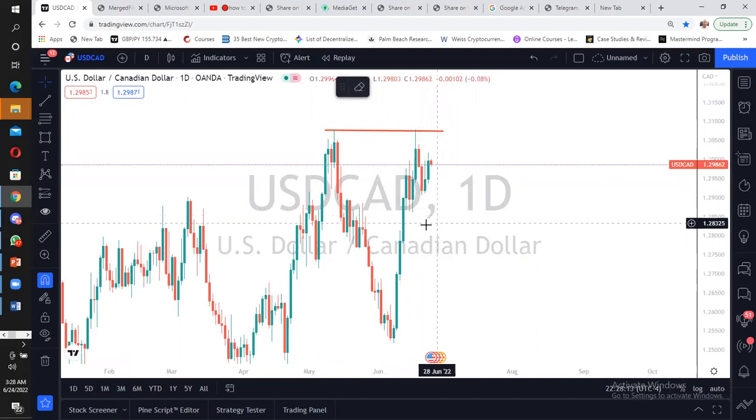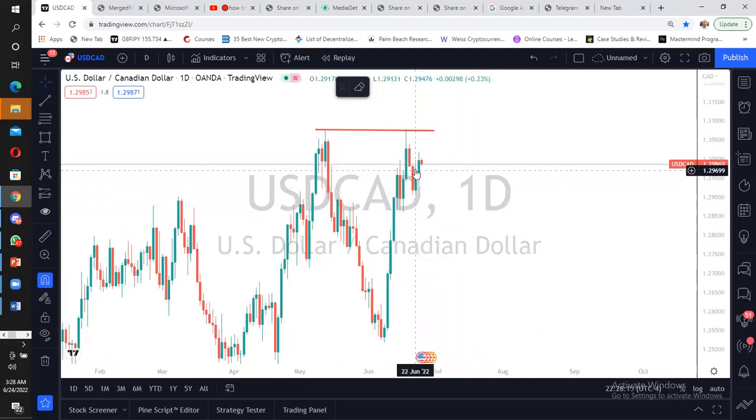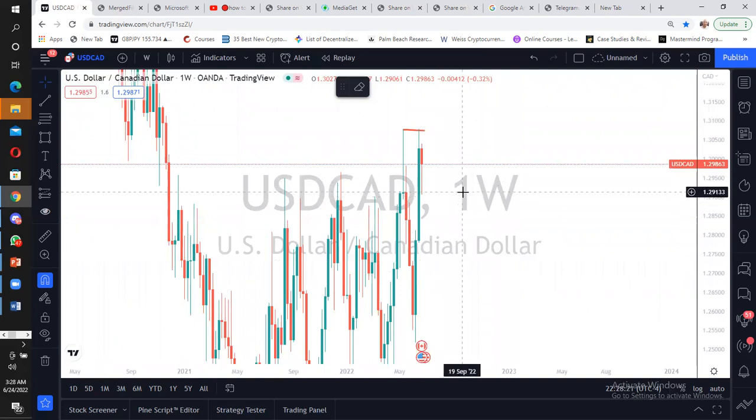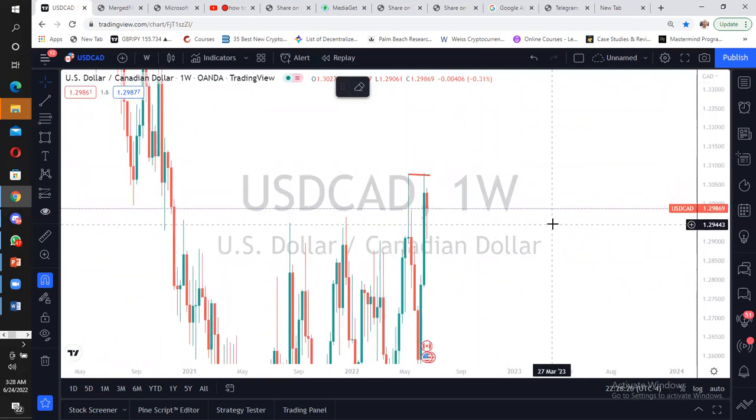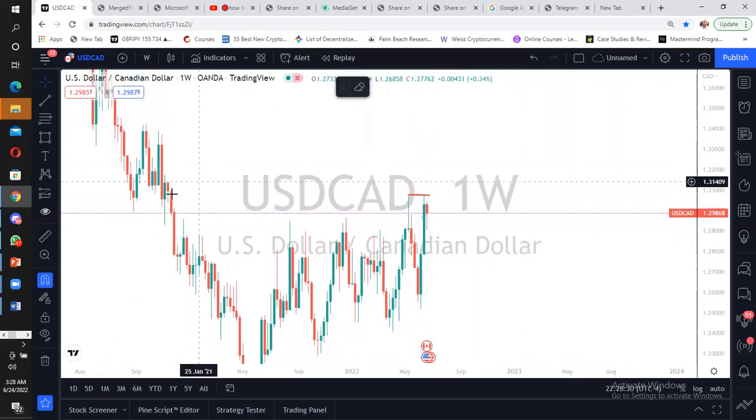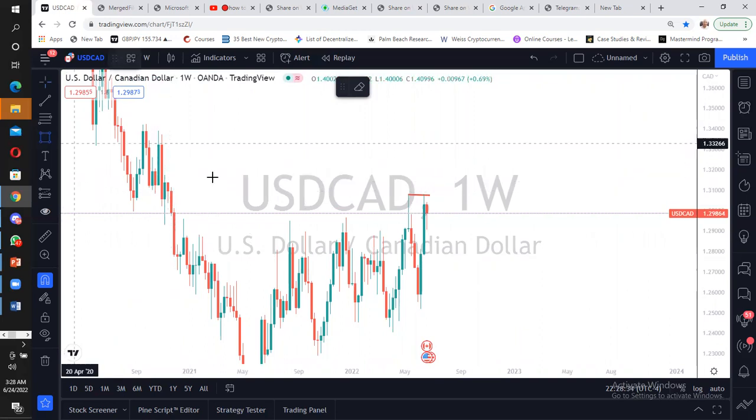All right, so we're going to go back to a lower time frame to see if we see something there. But before then, let's go to weekly and see what we can see on weekly. On weekly too, we've not seen anything here apart from this OB, weekly OB.